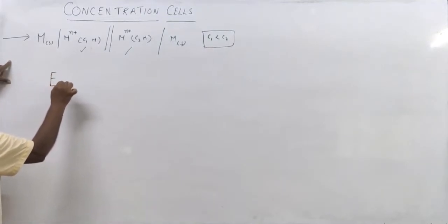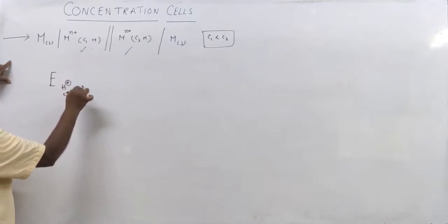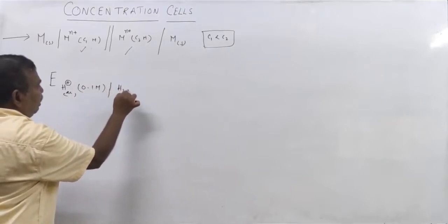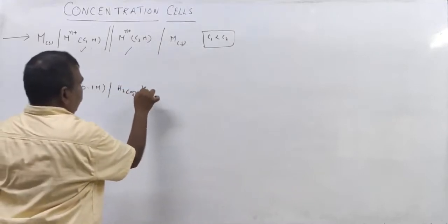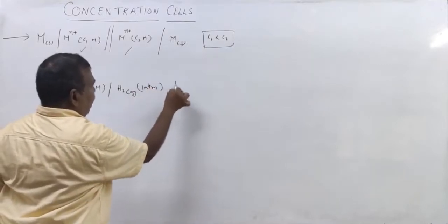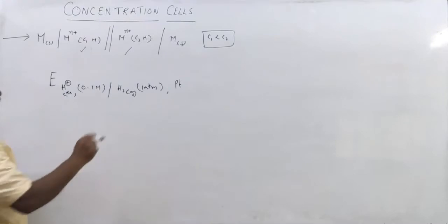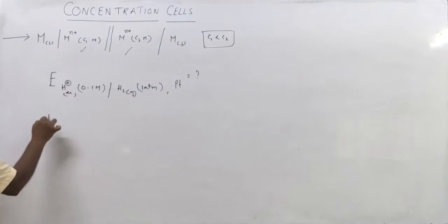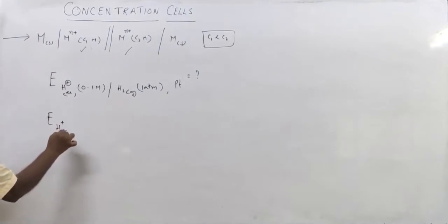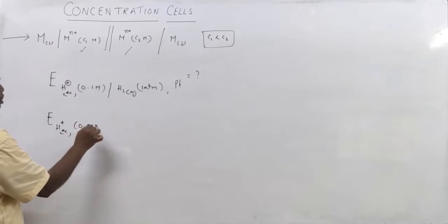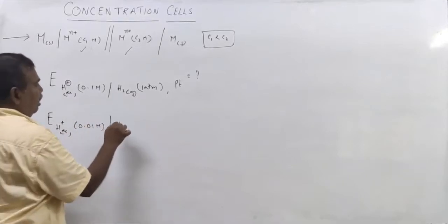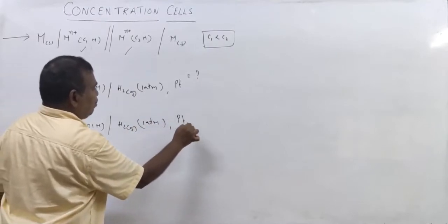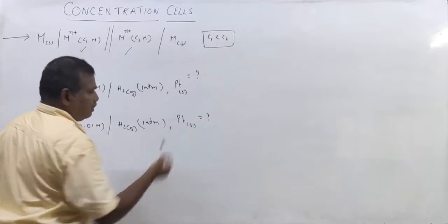E of H+ ion concentration of 0.1 molar, in contact with hydrogen molecules at 1 atmosphere pressure. Platinum is the mediator. Is equal to how much? E of hydrogen ion concentration 0.01 molar, hydrogen gas 1 atmosphere pressure, platinum solid. How much?